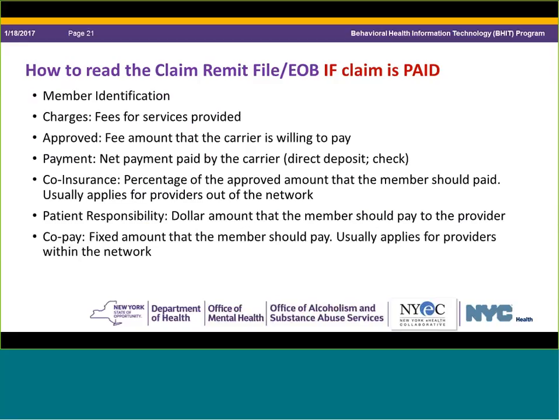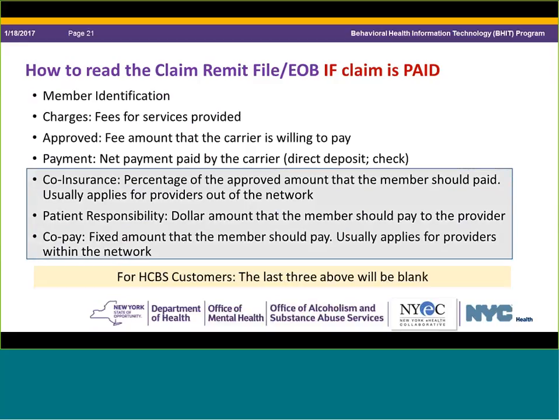These are all the things that we saw on the EOBs that we just flashed. Now, for HCBS, what applies? Well, the bottom three will not apply. You're looking really for the member information, what was charged, how much was approved, how much was paid. Trying to keep it simple. Okay. Let's keep it simple and continue with the next.